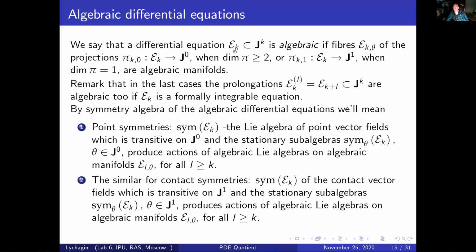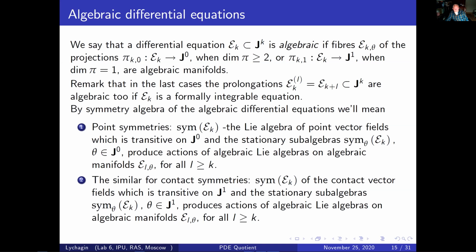Starting from level k, all higher levels, k plus n, will also be algebraic equations. This is the first reason why I'm interested in algebraic manifolds in this type of algebra. When we work with differential equations, this algebraicity of equations is really important. It will be important for us.